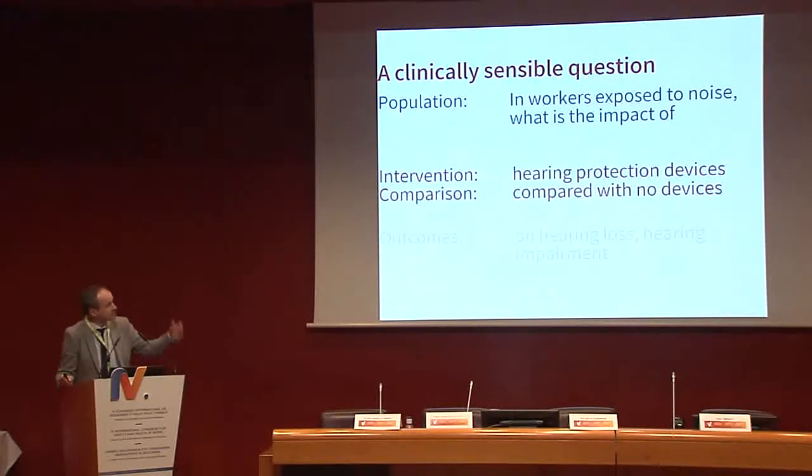So in workers exposed to noise, what is the impact of hearing protection devices compared to not wearing hearing protection devices on hearing loss and hearing impairment? And from there, these types of questions would be addressed in the systematic review. From there, we can derive this question format.